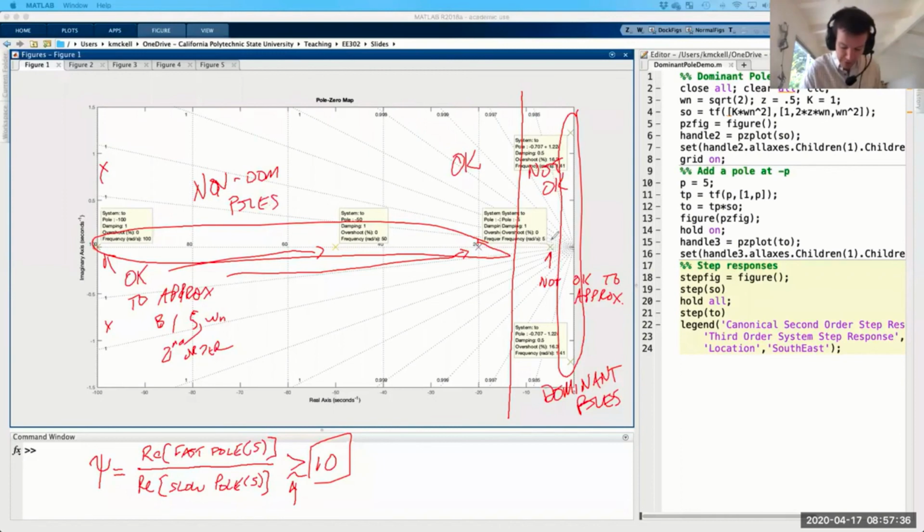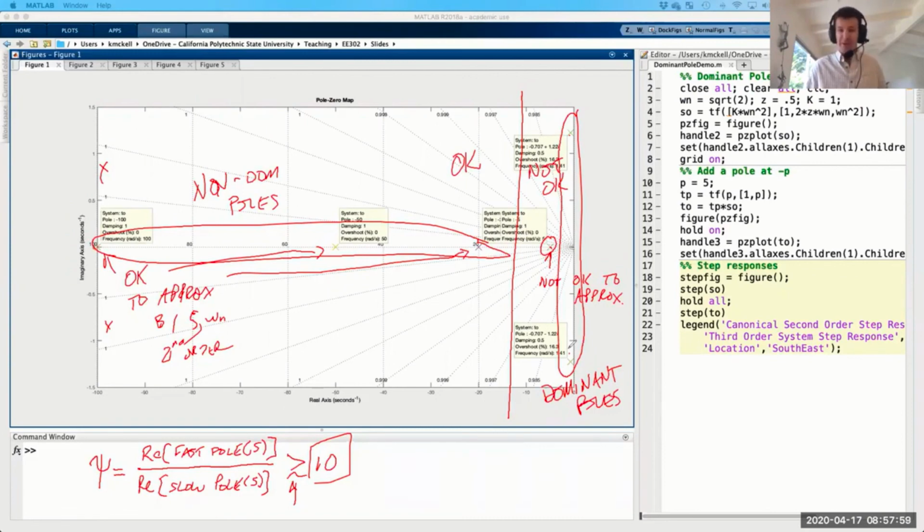Now note that I've excluded this guy. It's because this pole at -5 didn't fit the approximation very well, so it's neither dominant nor non-dominant. In this situation, when you had a pole here, here, and here, there is no dominant pole approximation to make. You have to treat this as a third order system.